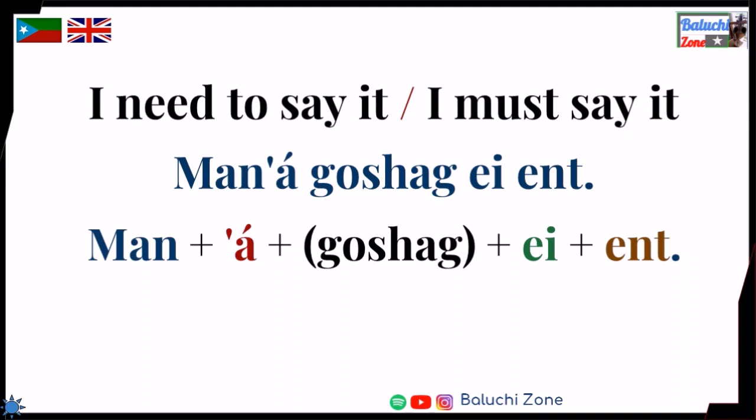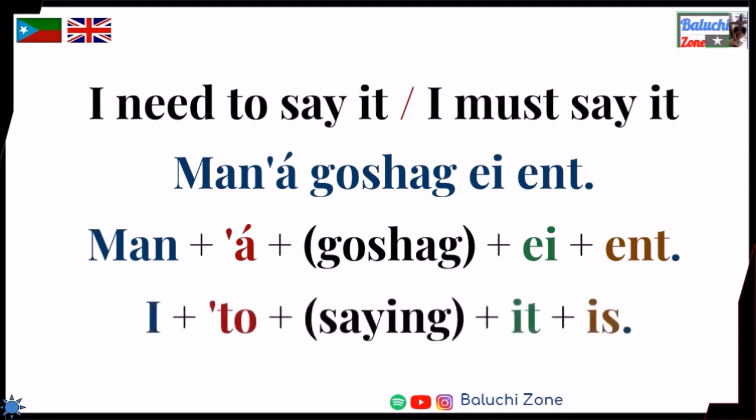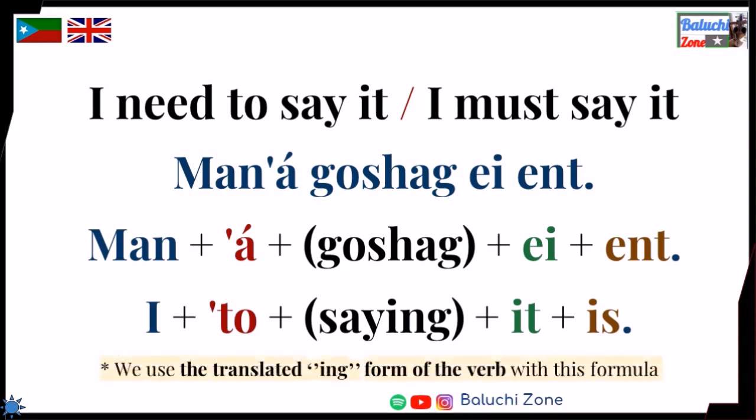So the formula is man plus goshag plus ent. This is the English translation of the formula: I plus to plus saying plus it plus is. And in Baluchi, this would translate as I need to say it or I must say it.